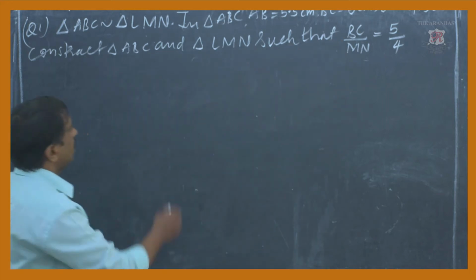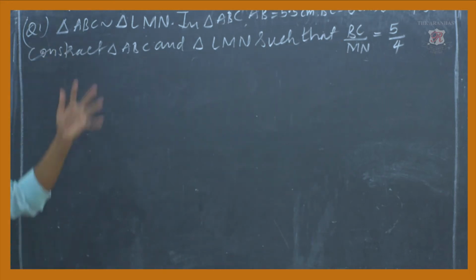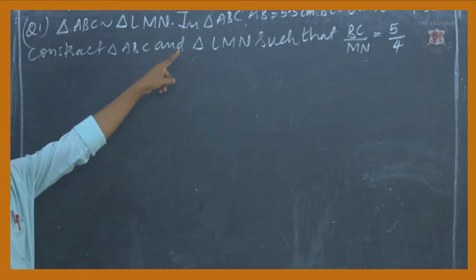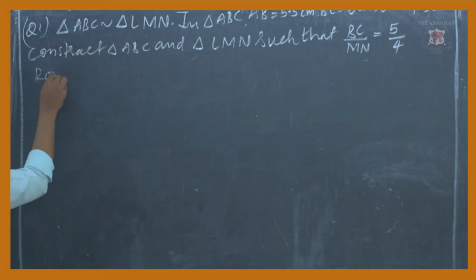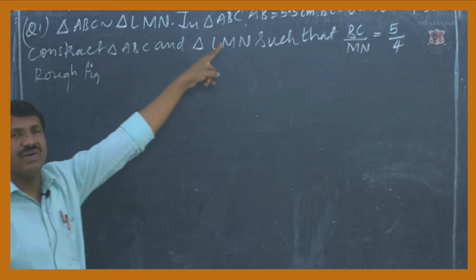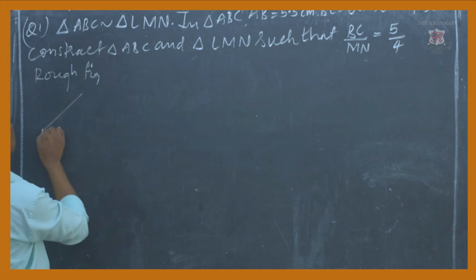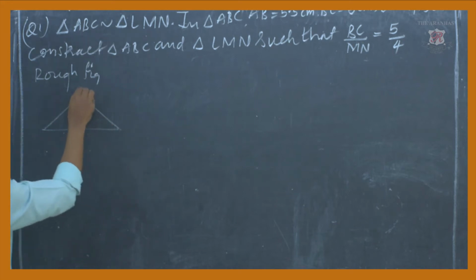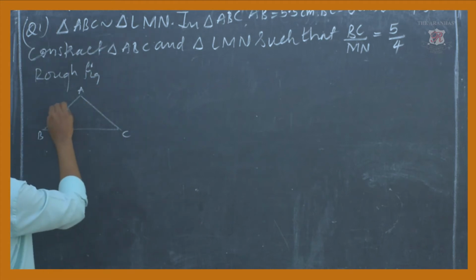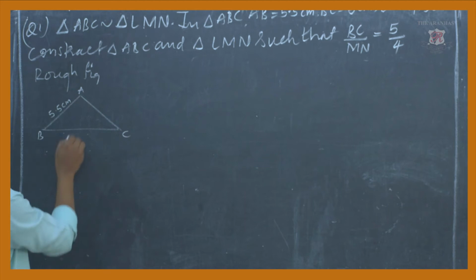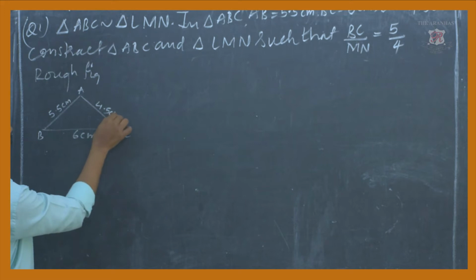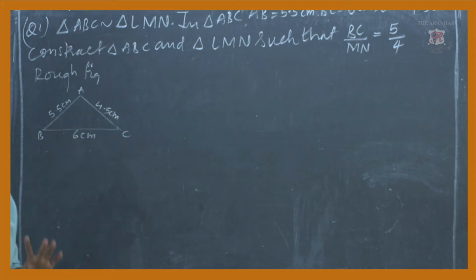According to the information they gave us, first we will construct a rough figure. This is the rough figure of the given triangle ABC. Suppose this is triangle ABC, in it AB is 5.5 centimeter, BC is 6 centimeter, and AC is 4.5 centimeter.